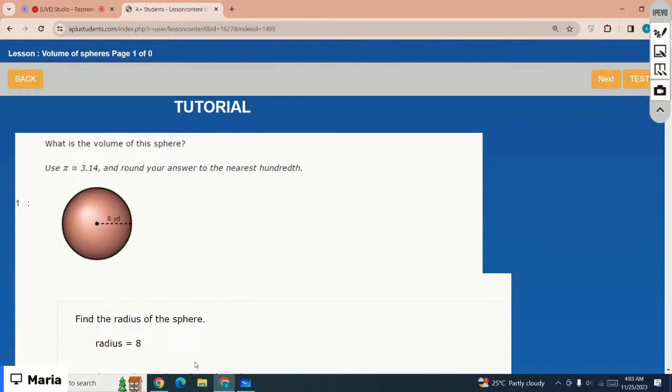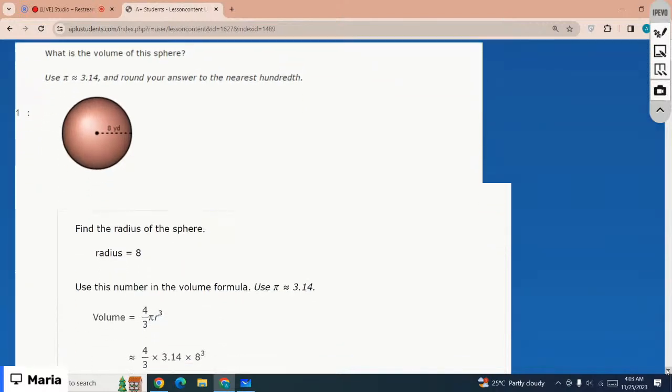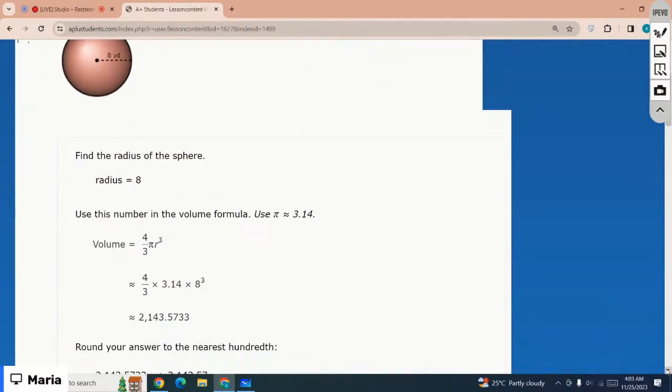Whenever we have to calculate the volume of the sphere, we have to use the formula V equals 4 by 3 pi r cube, right? That is the formula. You can note down the formula.